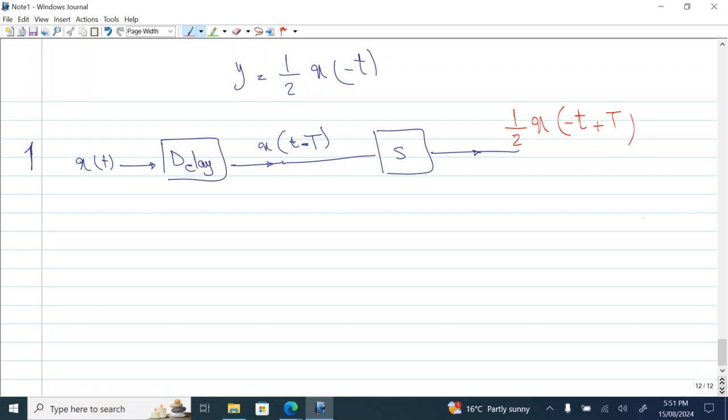All right. Now, in step 2, I first find the output, and then I delay it. So this time x of t, I send it to the system. And then all the system does is half it first, and then whatever time I have gets a negative sign. Okay, now I delay it.